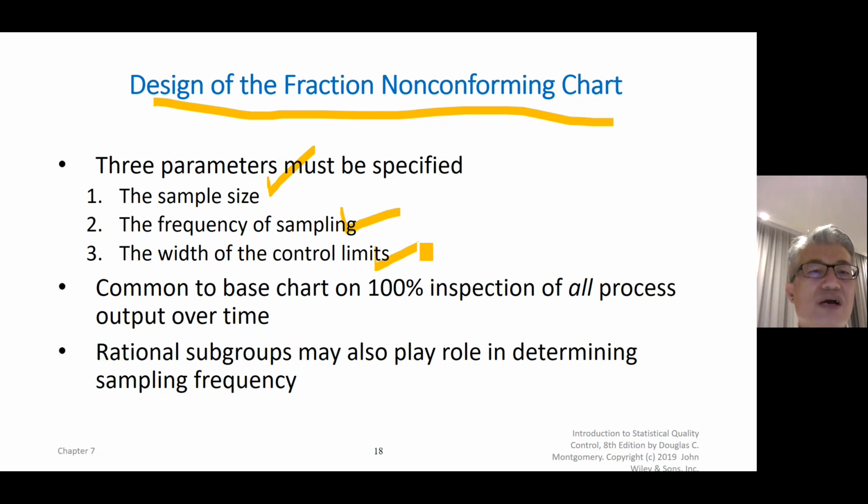Rational subgroups may also play an important role in determining sampling frequency, and how large the subgroup should be.